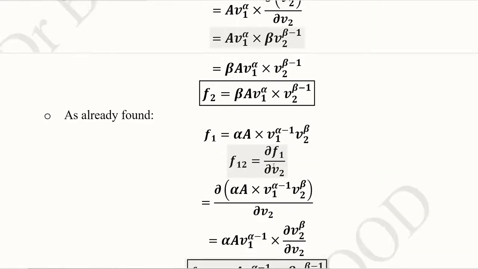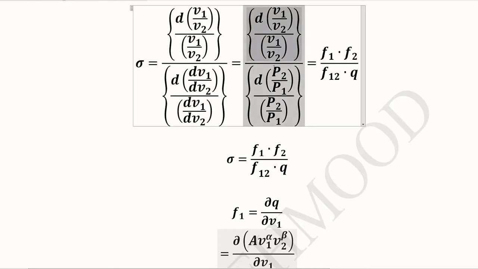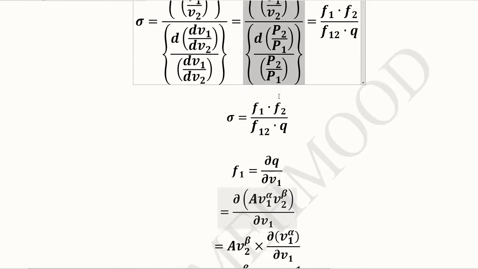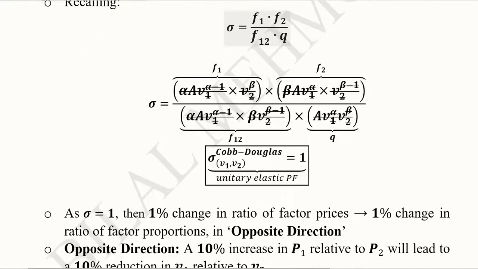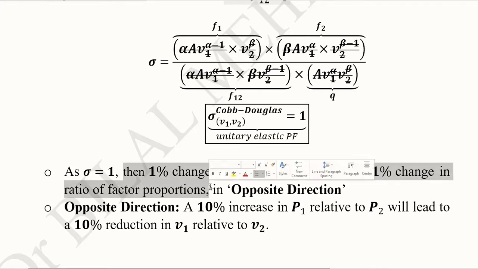Now this interpretation is in line with this formula, that is a 1% proportionate change in the factor proportions is caused by a 1% proportionate change in the ratio of the prices of the two factors. So this is the definition that is used here for the interpretation.